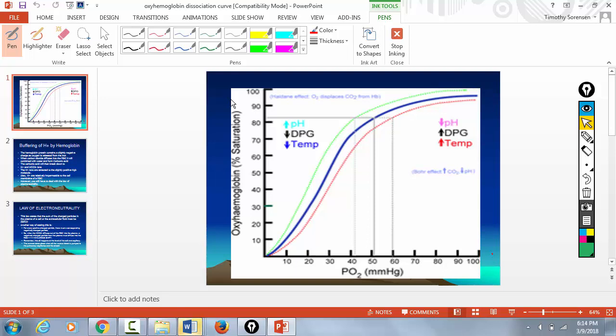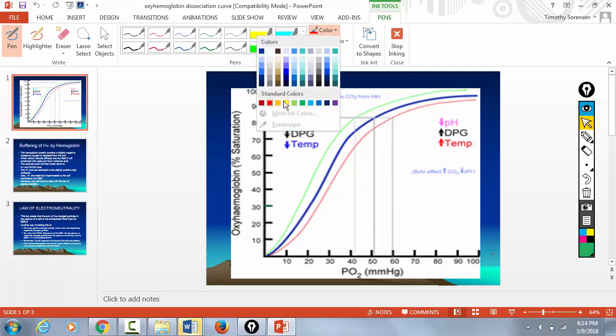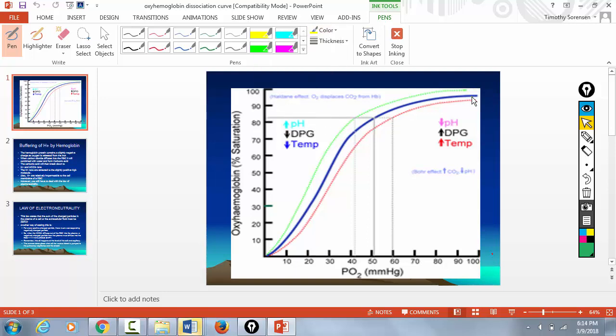Do you understand that? It just makes it easier, because this is what produces the sigmoidal shape in the oxyhemoglobin dissociation curve. If that wasn't the case, the curve would be linear.